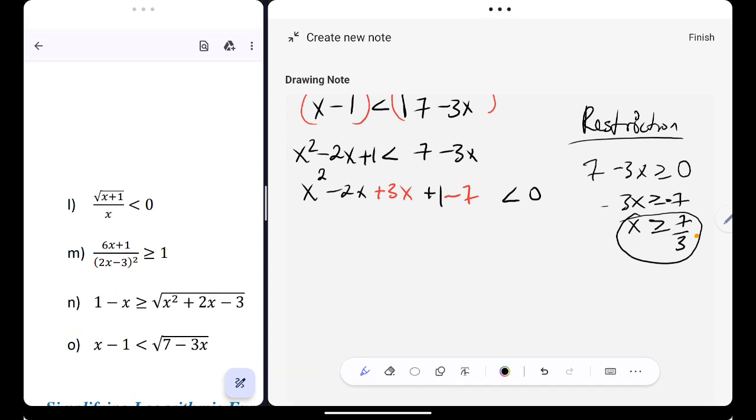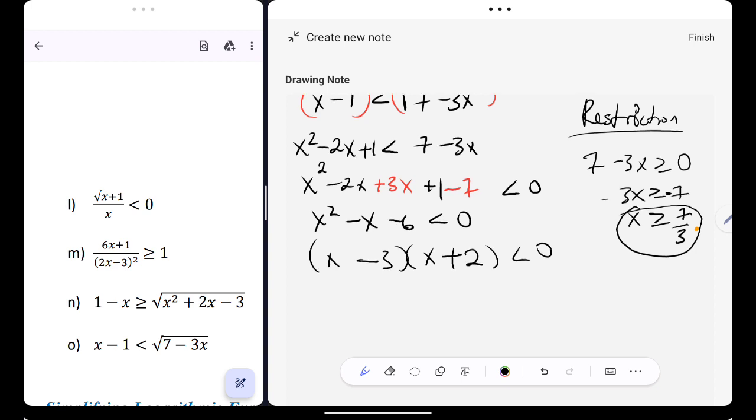Now I can continue. x squared minus x minus 6 is less than or equal to 0. So x and x, here the factors of 6 that when I subtract will give me 1. Those are 3 and 2. The bigger factor will take the sign of the middle term, and my critical values are x is equal to 3 or x is negative 2.